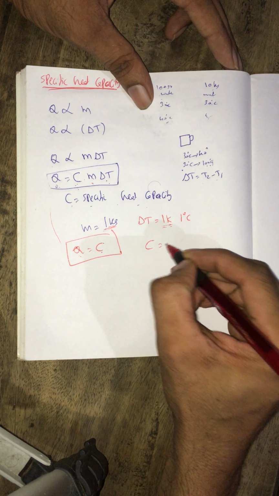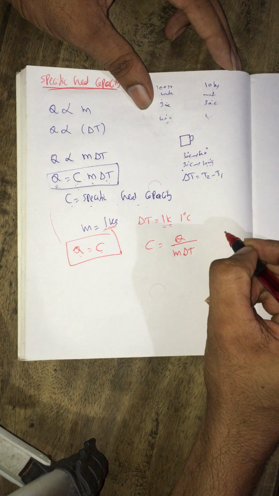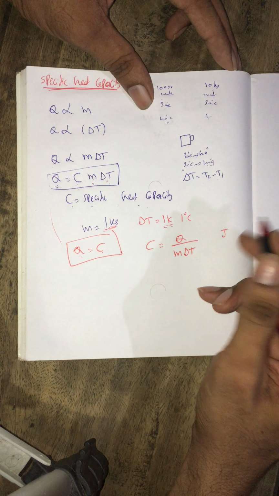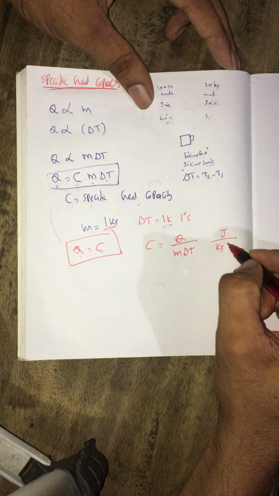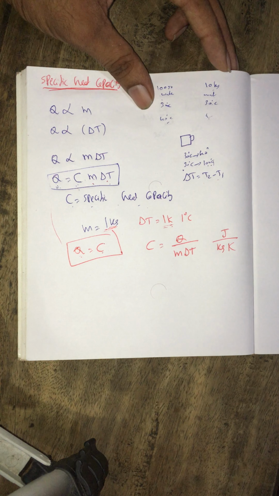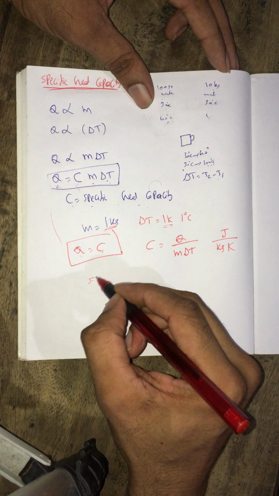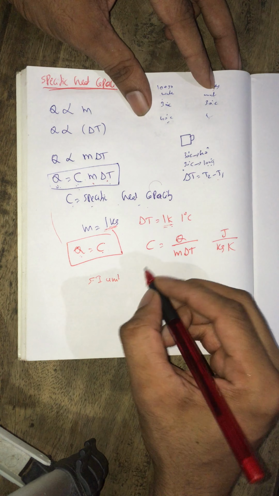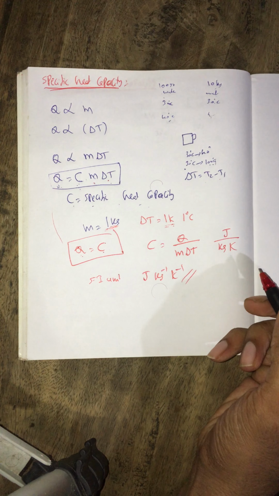What is C from this? C is equal to Q by m delta T. Q is measured in joules because it's the amount of energy. Mass is measured in kilograms, and the temperature difference is measured obviously in Kelvin because it is an SI unit. So the specific capacity SI unit we always measure in joule per kilogram per Kelvin.